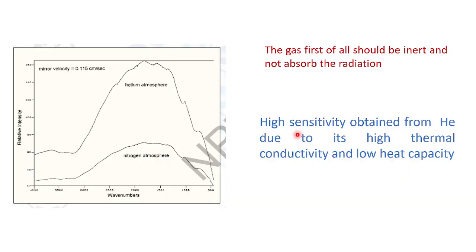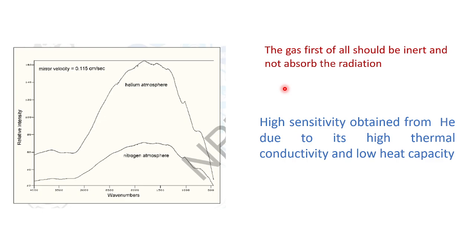Now, as I told you, why helium? You may also go for a nitrogen atmosphere. That is also inert. You need a gaseous environment, and the gas should not absorb that radiation. So the gas first of all should be inert and should not absorb the radiation.